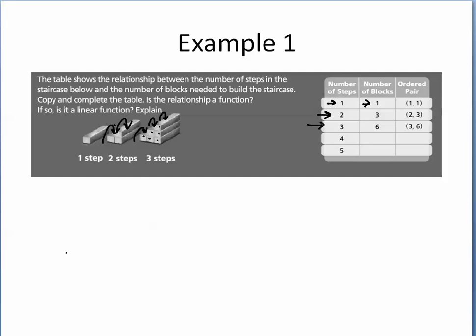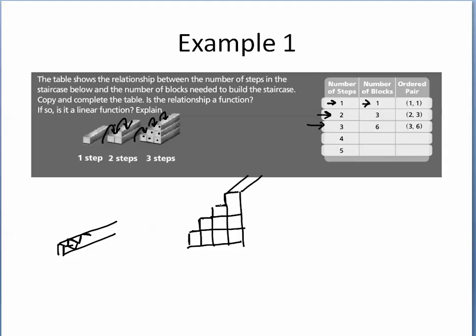Okay, well let's draw it. Alright, there's 1, 2 steps, 3 steps. It might be easier if I draw it like this, more sideways. So there's 3 steps, there's 4. So if we count it down, you can see the blocks.